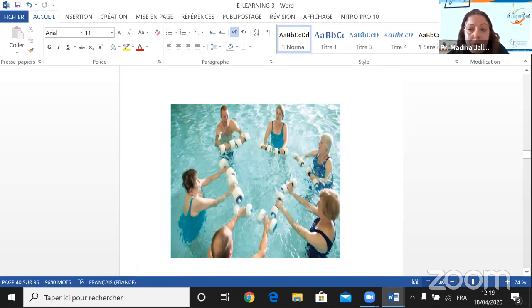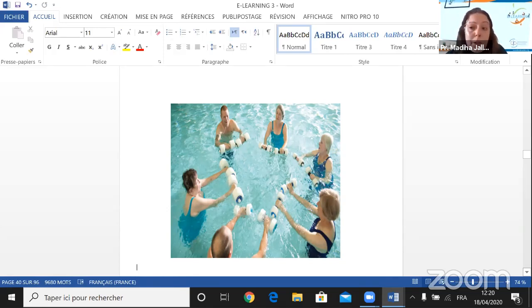Maybe they have back pain, spine pain. Maybe they are there following an operation. So for rehabilitation, they are there to restore mobility of their muscles or to strengthen their muscles. That's why they are in the pool.